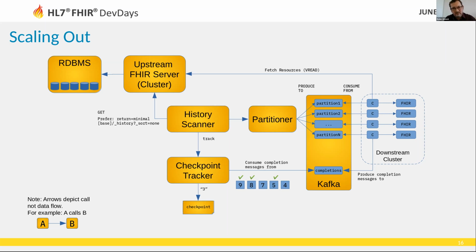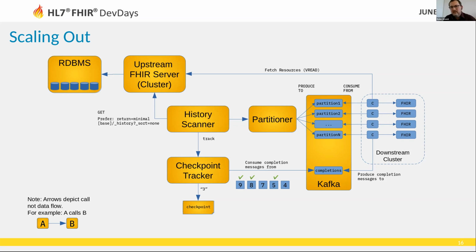Again, the upstream selection of data is the same. We'd be passing the data down to a partitioner. This would be based on Kafka's partitioning mechanism, but using the same strategy, based on the resource type and logical ID. And then Kafka would just become that kind of worker queue.